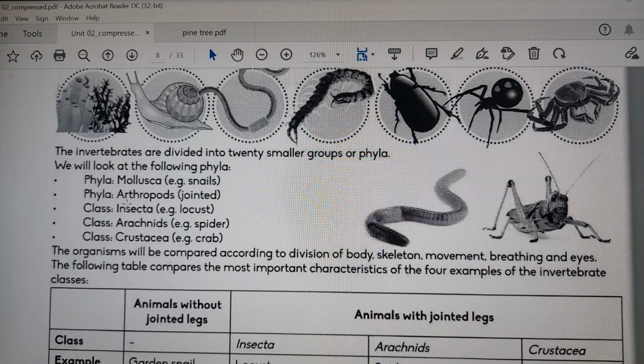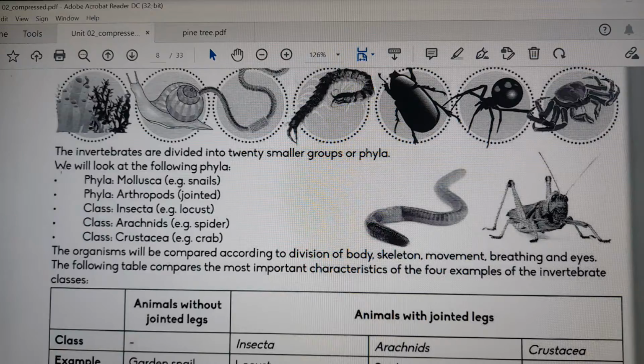We'll look at arthropods, the ones with jointed legs, like your spider, a crab, and a locust. A locust will fall under insecta. We'll look at arachnids, spider, and crustacea, which is crab.